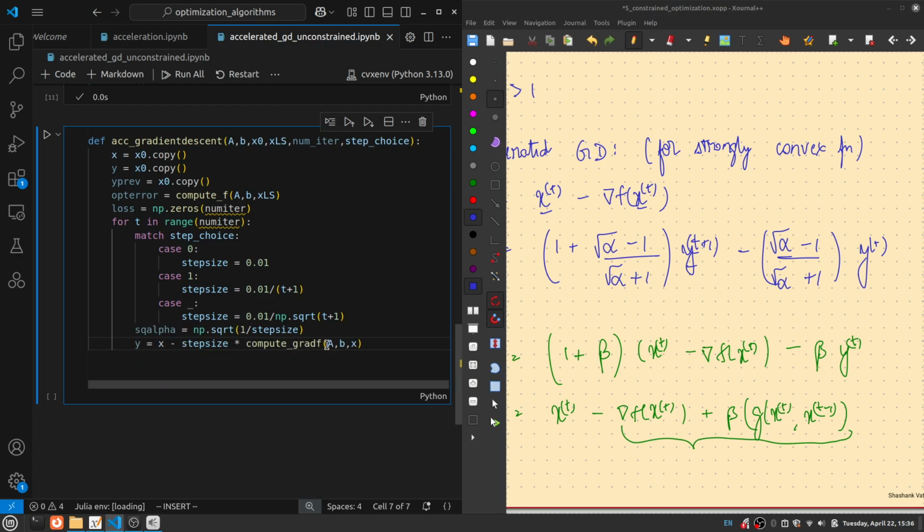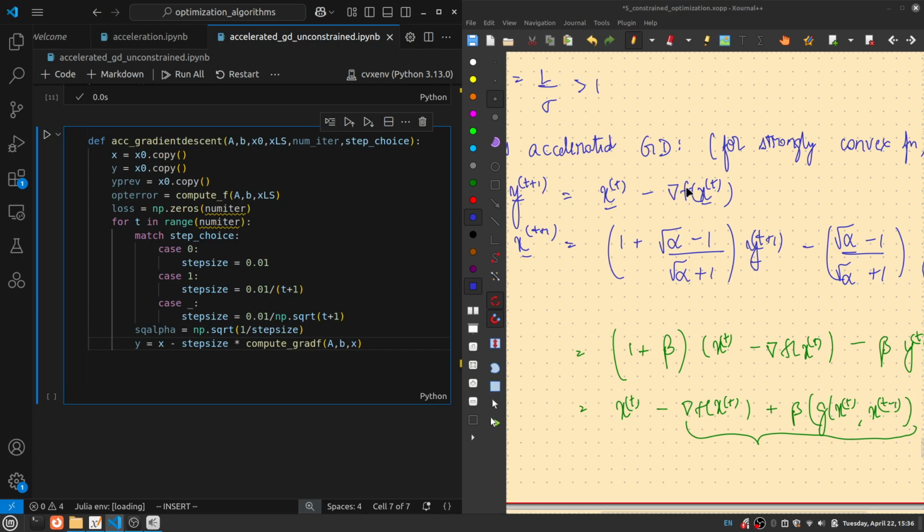Now I have y equal to x minus gradient f of x.